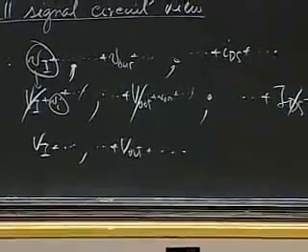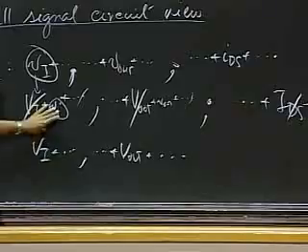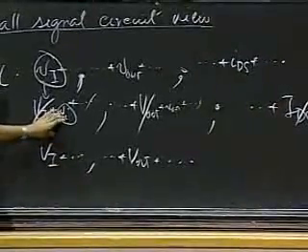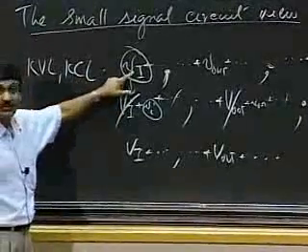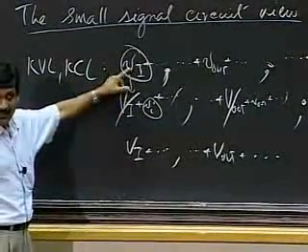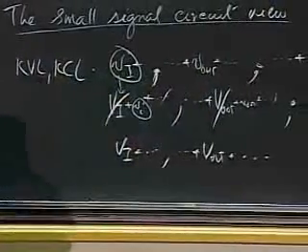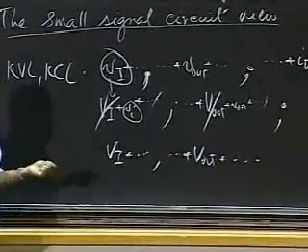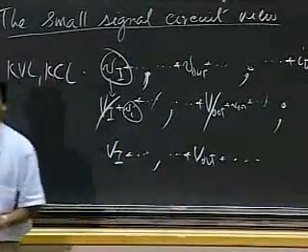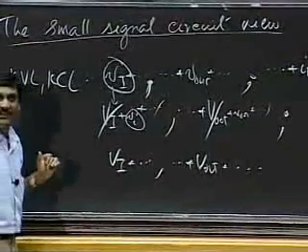What this informal proof should tell you is that the small signal variables should then satisfy the same form of the KVL, KCL equations that the total variables satisfied. And because these equations are a reflection of the topology of the circuit, the small signal variables must also satisfy KVL and KCL.